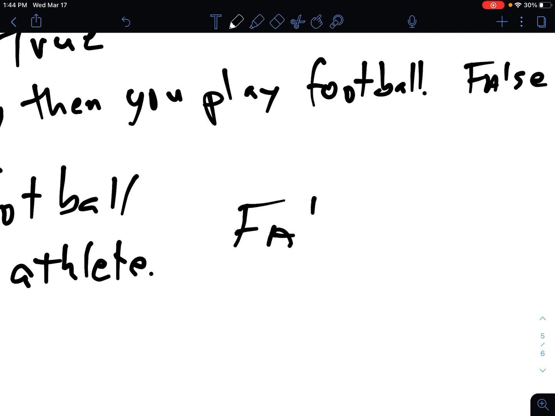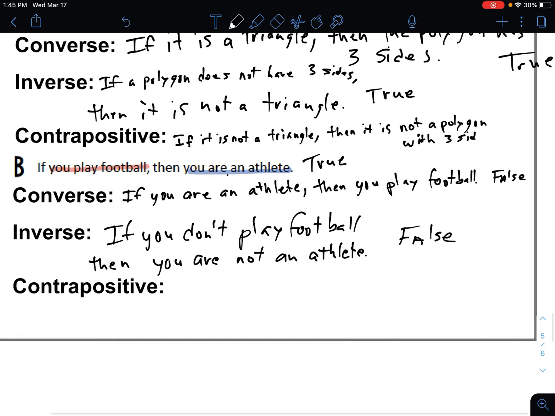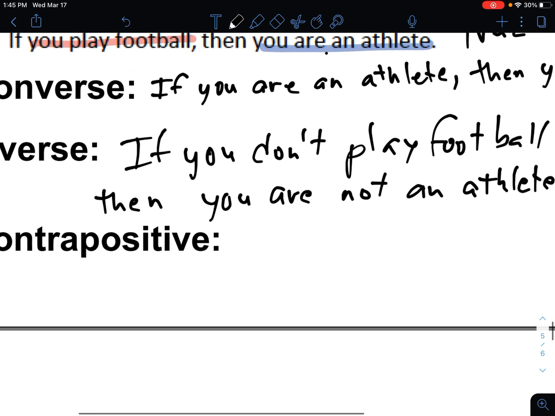So that's why we said earlier that the converse and inverse are either both true or both false. Same thing, the contrapositive and the original conditional statement go together. And then that last one is you negate and put the conclusion first.